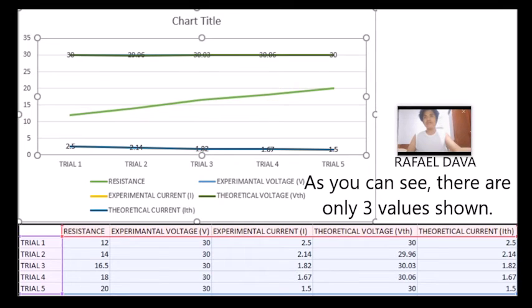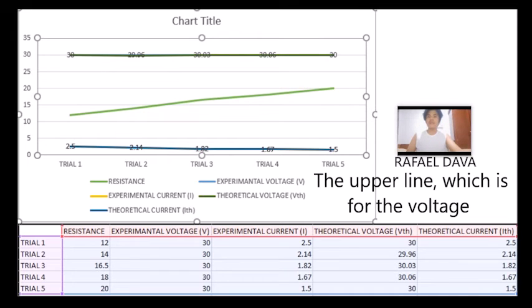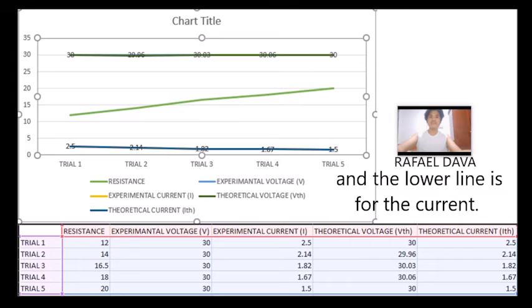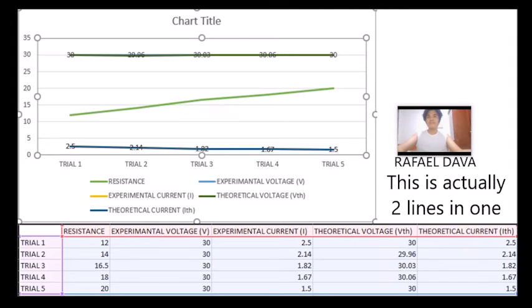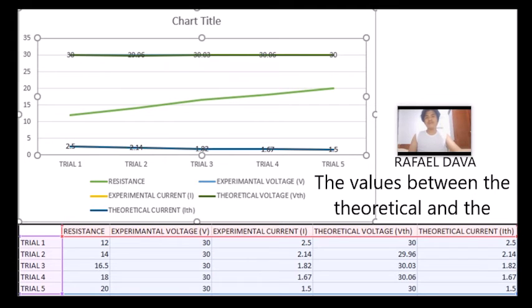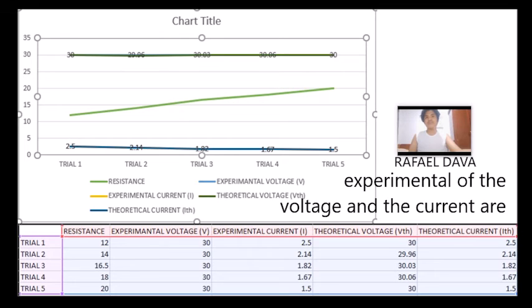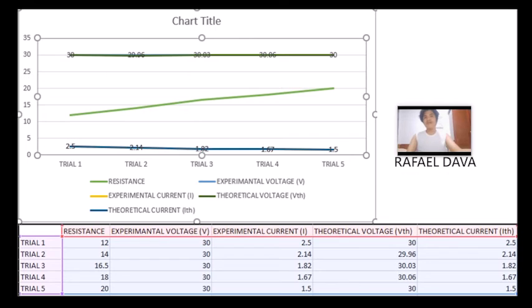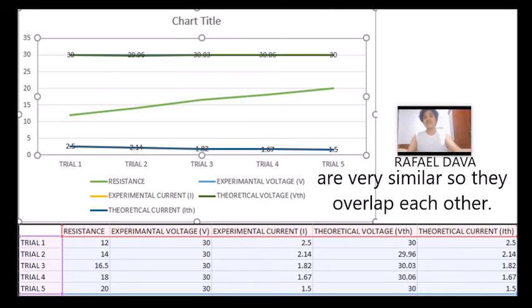As you can see, there are only 3 values shown. The upper line is for the voltage, and the lower line is for the current. This is actually 2 lines in one, because as said, the values between the theoretical and the experimental of the voltage and the current are very similar, so they overlap each other.